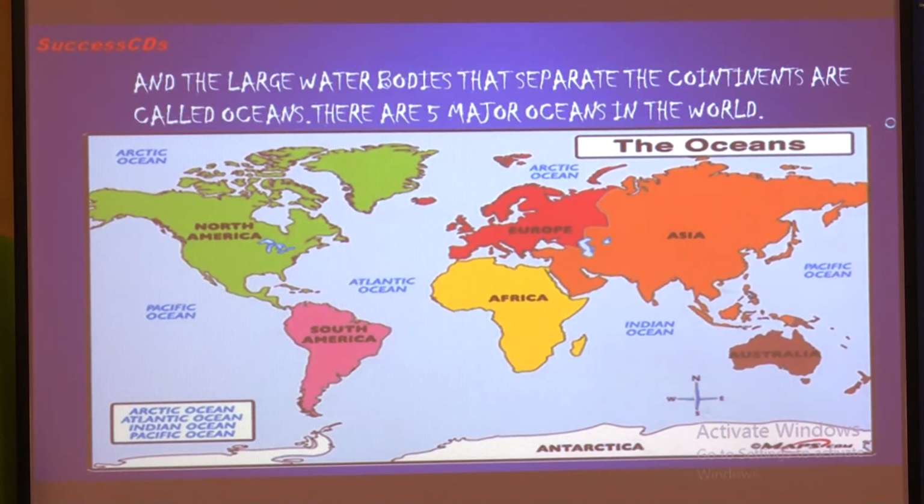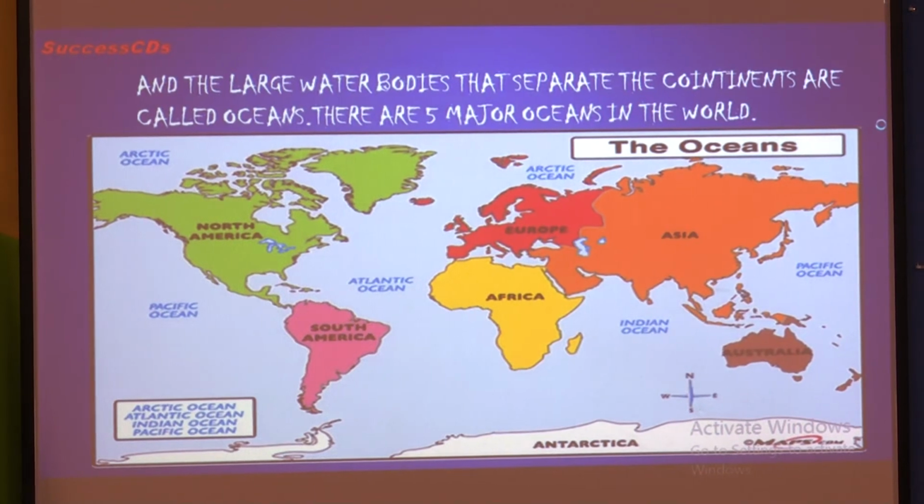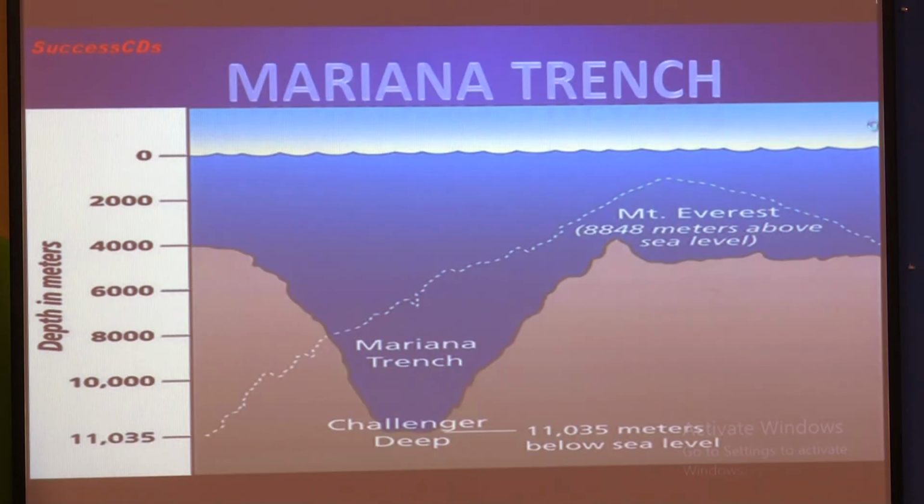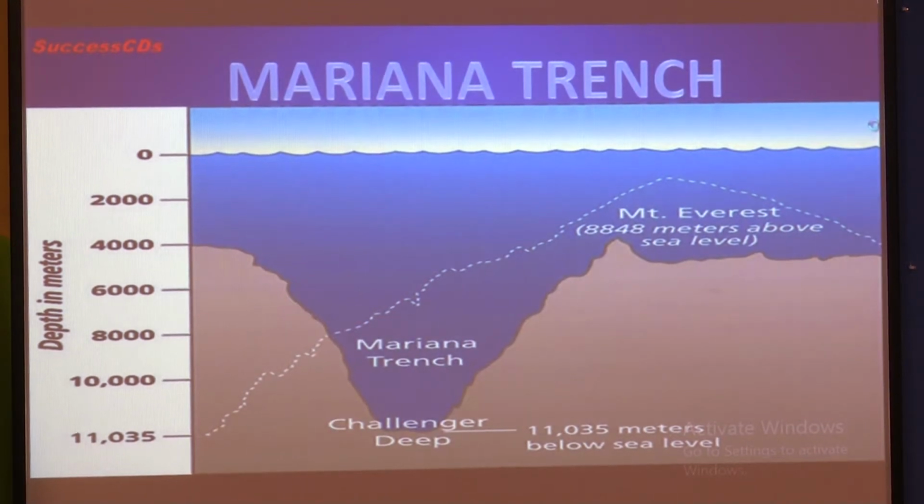There are 5 major oceans in the world: the Arctic Ocean, the Atlantic Ocean, the Indian Ocean, Pacific Ocean and Antarctic Ocean. The world's deepest trench lies in the Pacific Ocean and is called the Mariana Trench. You know, if Mount Everest was dropped into the Mariana Trench, then its peak would nearly be 2,000 meters underwater.